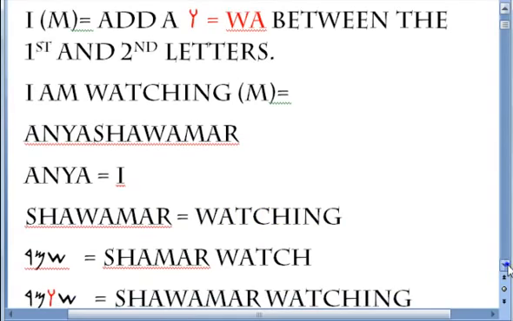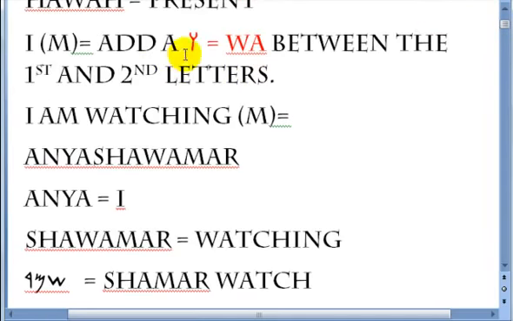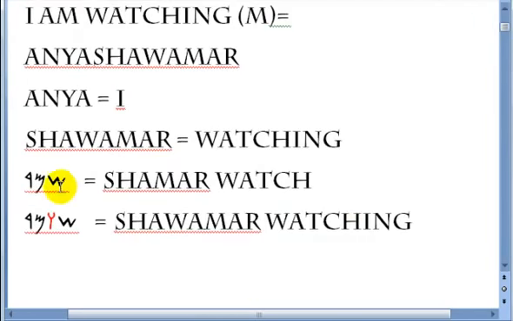Now when you come down here, the word shamar, as you see here, is watch. Using this formula, add a wa between the first and the second letters, and that will put the ing at the end. So you have here shamar, which is watch, and you have here shawamar.